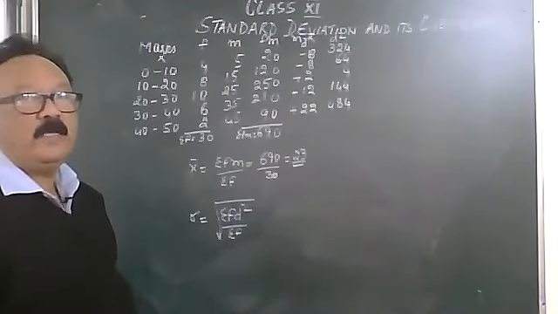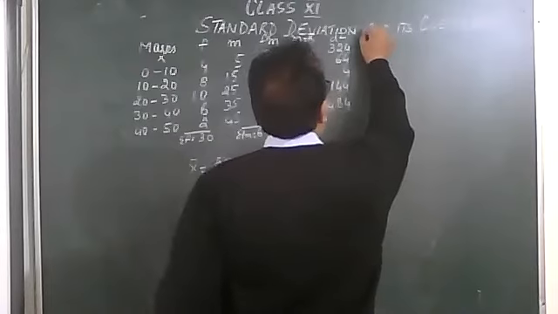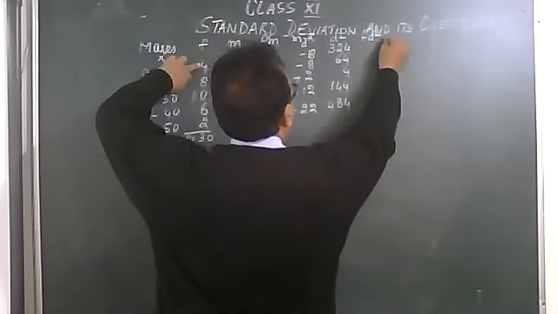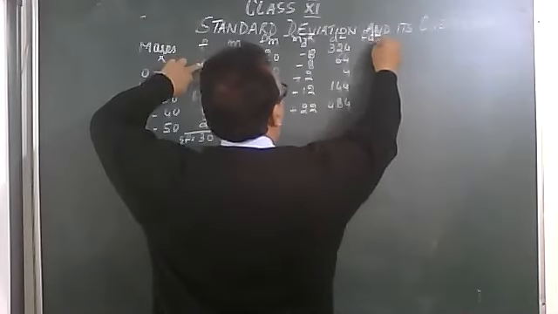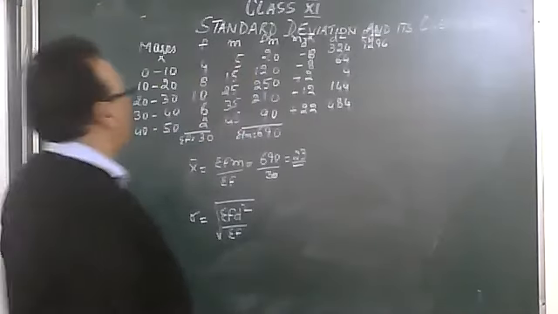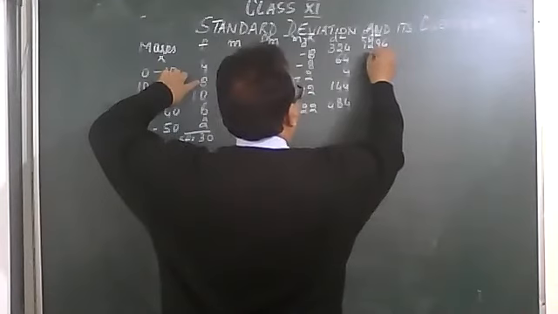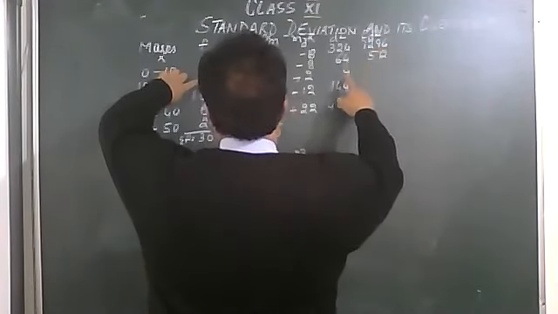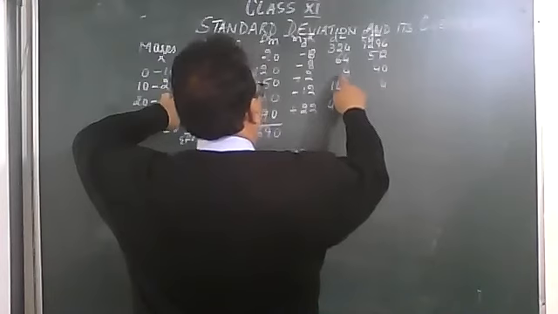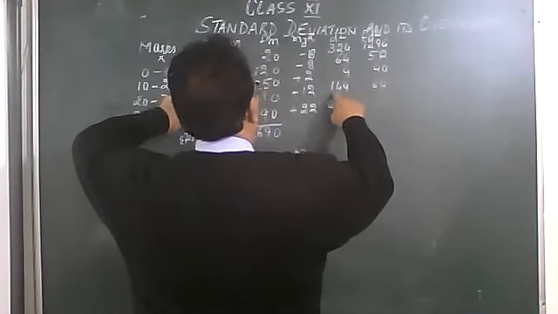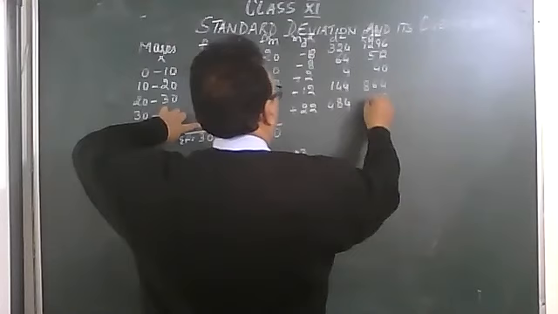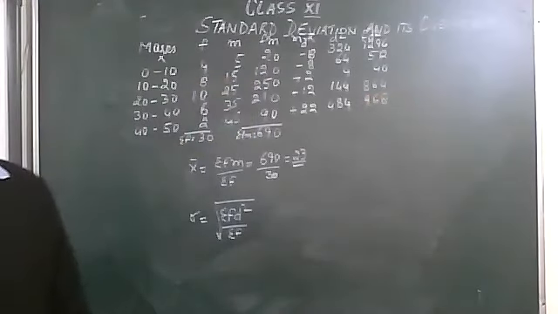So multiply f with d square to get f d square. 4 324s are 1296. 8 64s are 512. 10 4s are 40. 6 144s are 864. 2 484s are 968.